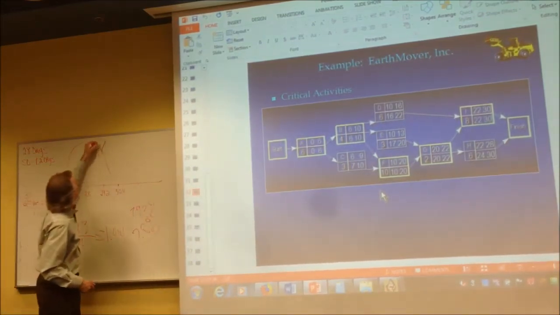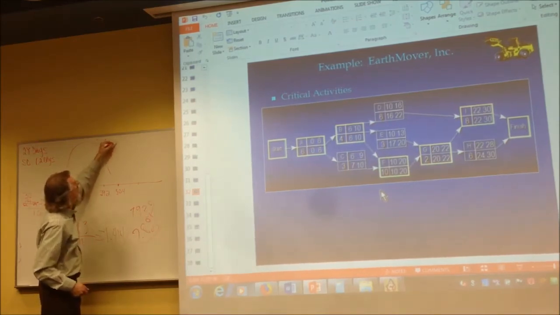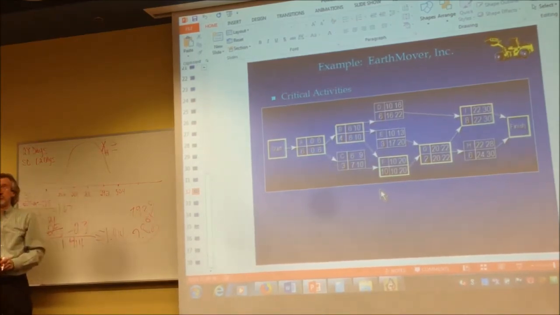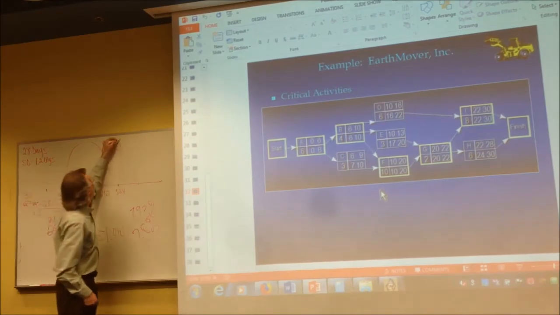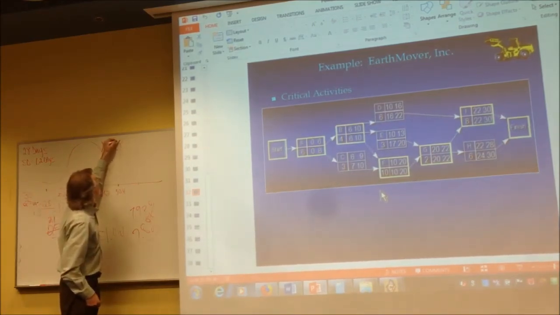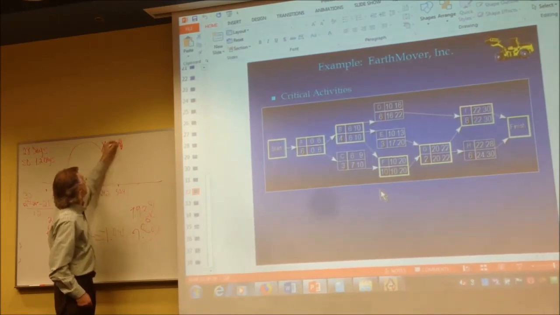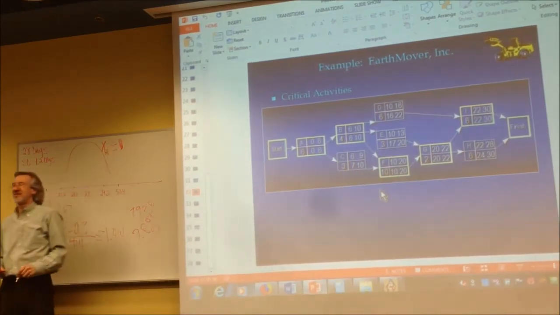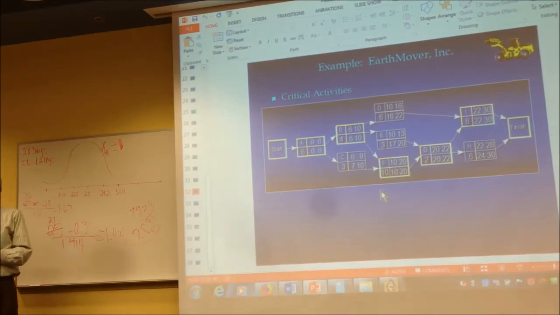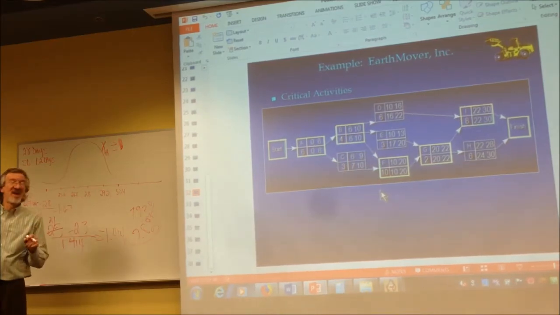We'll do it up here, so we're starting with A, greater than or equal to the preceding activity. And I don't want to base it on A because it's not preceded by anything. Whatever activity precedes it, x variable.